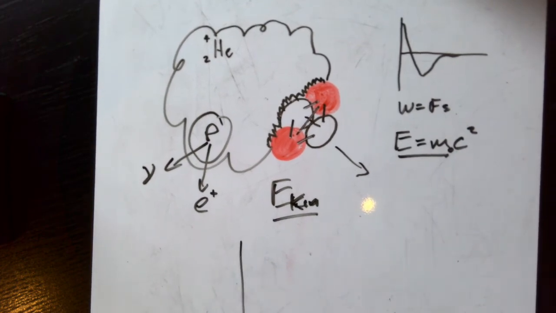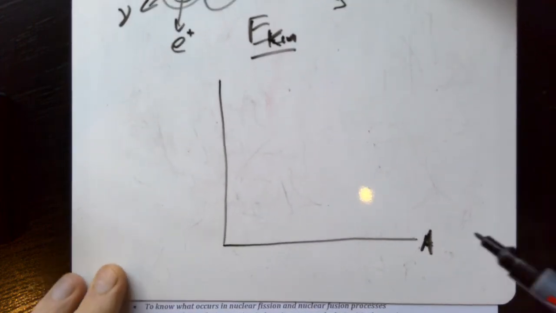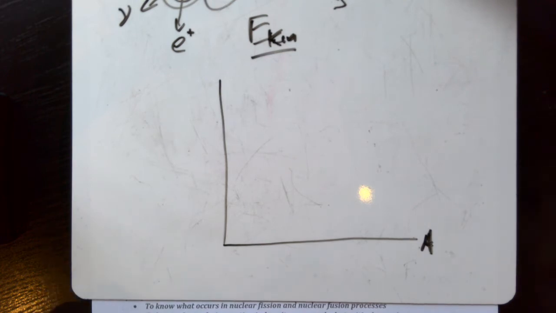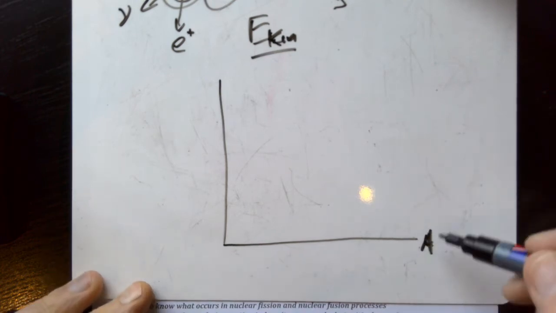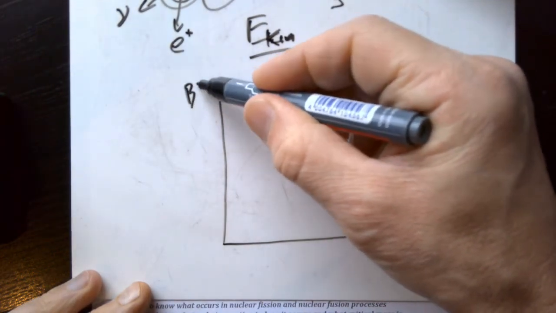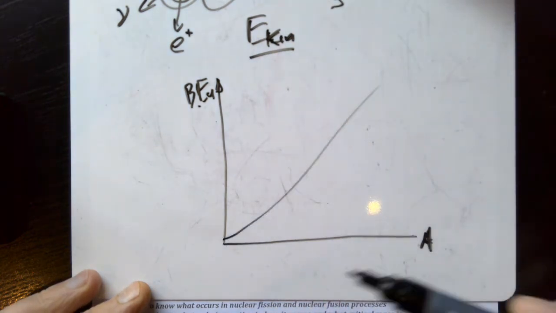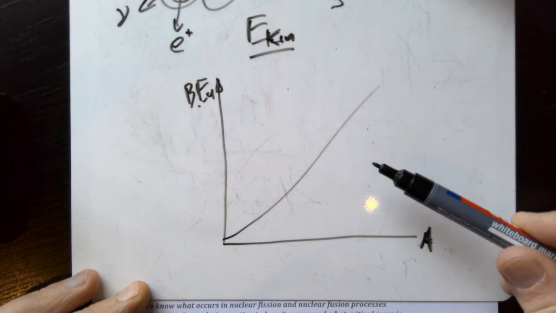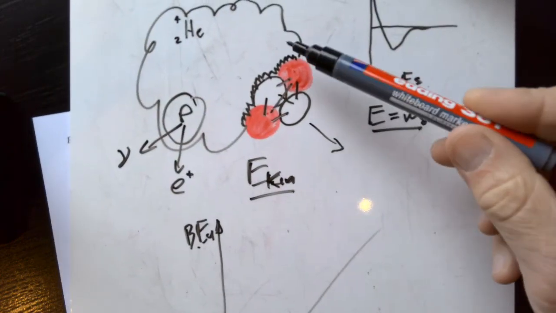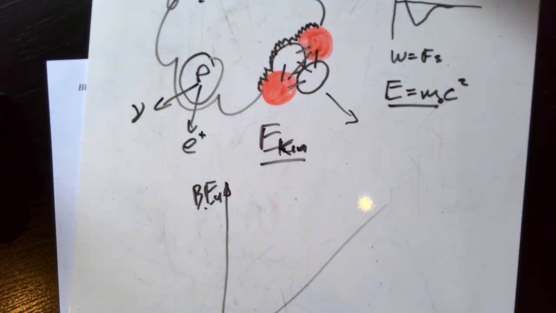Uranium 238, for example, or carbon 12, lithium 7, whatever it may be. If we just plot the binding energy, we'd get something that just goes up, because the bigger the nucleus, the more blue tack in my model holding it all together. So the more binding you've got, the more energy you're going to release. So it doesn't really tell us much.